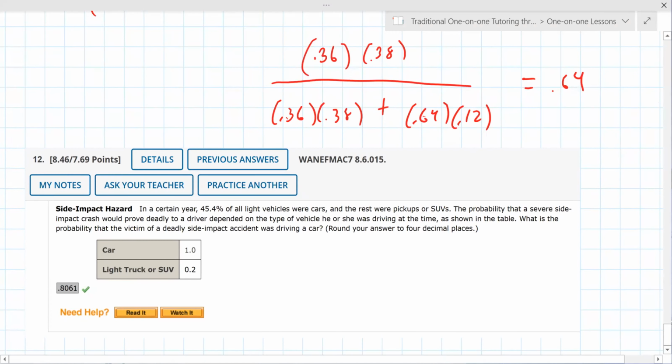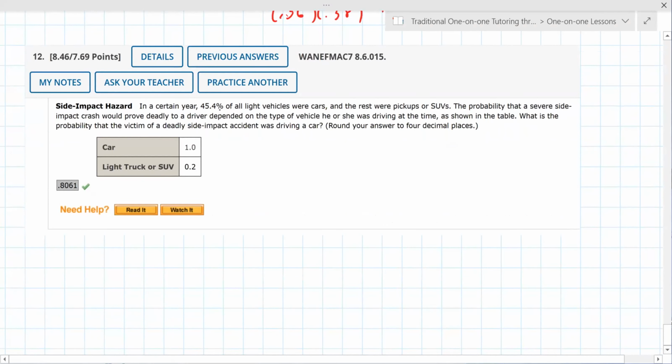And this one's a little odd, but let's go with it. In a certain year, 45.4% of all vehicles are cars, and the rest are pickups or SUVs. So let's just assume that that's the starting point. So this is vehicles. You don't need the labels, but they could be useful. There's cars, and then there's everything else, which is the light truck or the SUV.